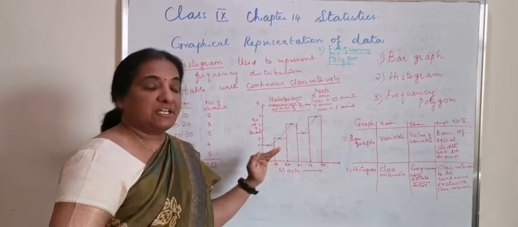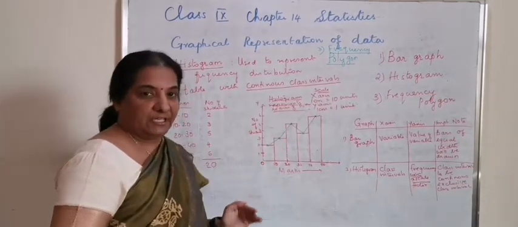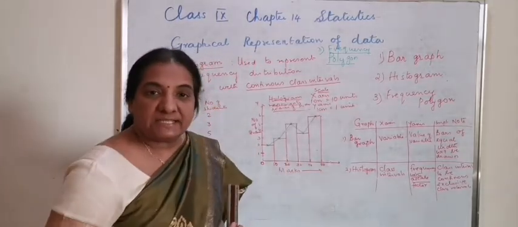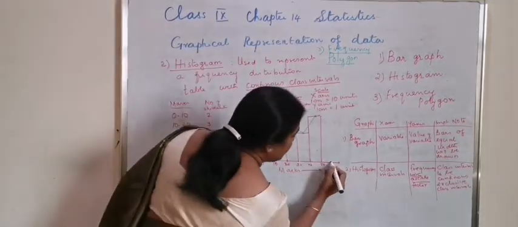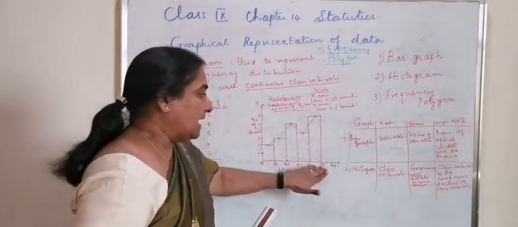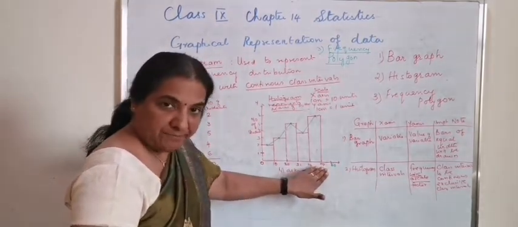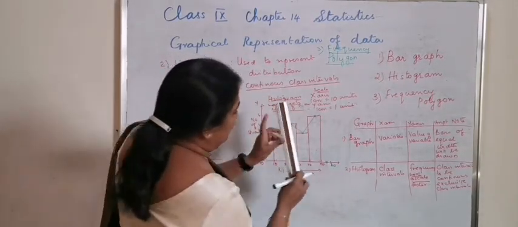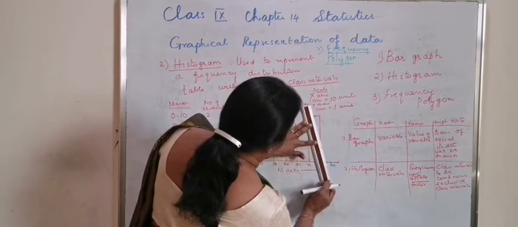So the graph has to be a closed figure. Now, since you are taking the mid values of each class, you have to select one more class next to the last class of the histogram. What will be the mid value of that class? One of the endpoints will be joined here.